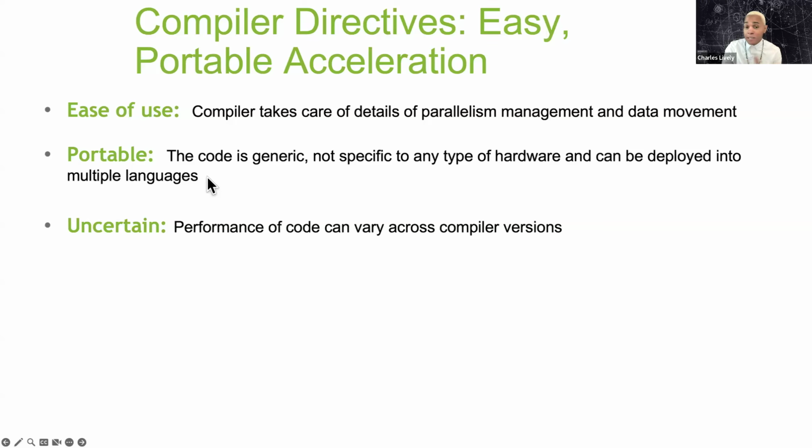If you have to constantly change the compiler directives based off of the hardware, then it's not going to be portable and easily deployed, and you want to ensure that it can execute efficiently across different compiler versions.